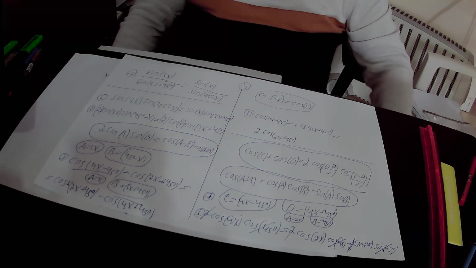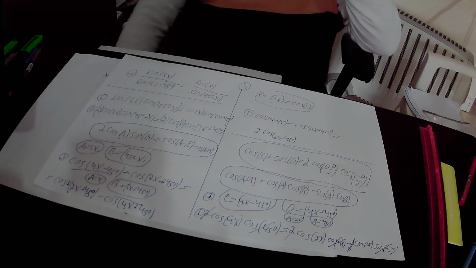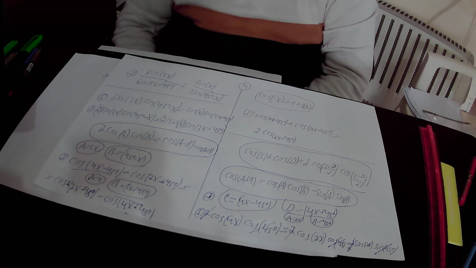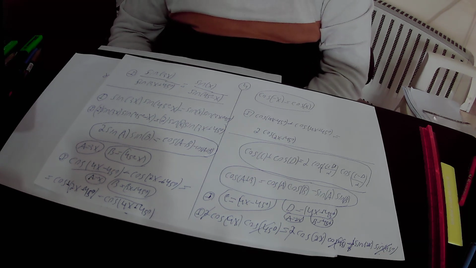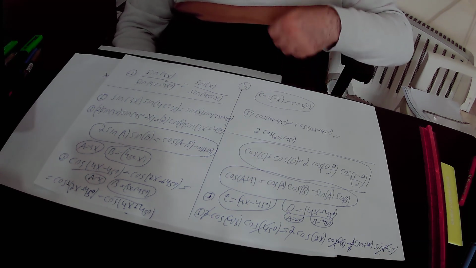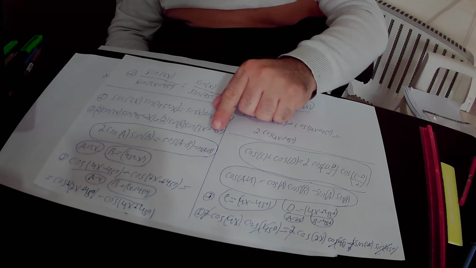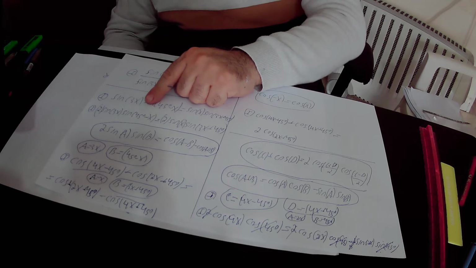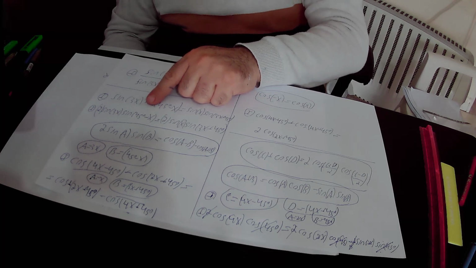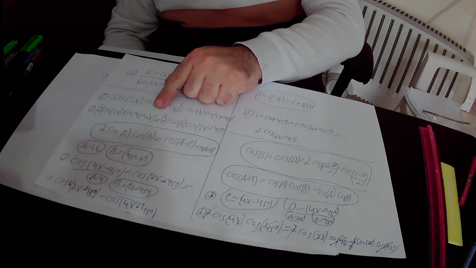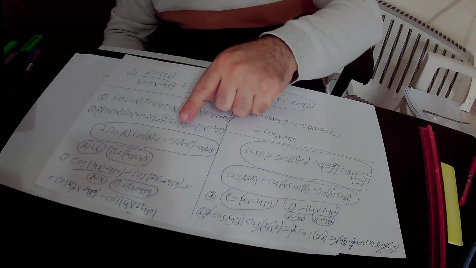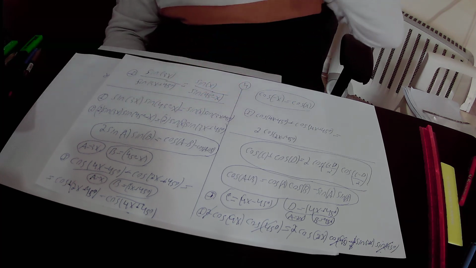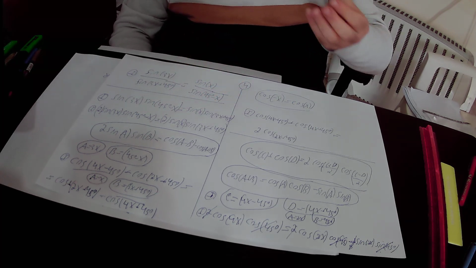We simplified these expressions by the trigonometric identity that states that 2 sine A sine B equals cosine of A minus B minus cosine of A plus B. In our specific expression, A equals 3x, B equals 45 degrees minus x.